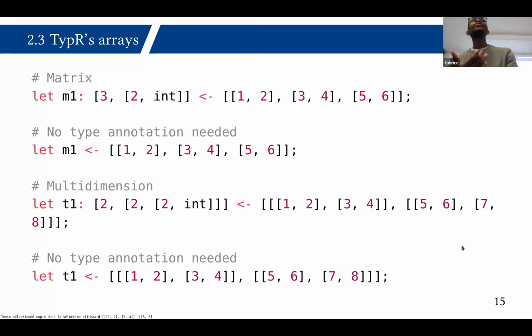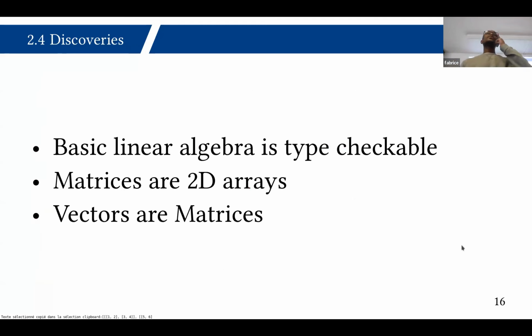It's possible, but I think we can use other combinations to do that. So that's what I like about R arrays and TypR arrays, because they act like tensors, like TensorFlow, PyTorch, and everything like that. So I have made some discoveries about linear algebra we learned at school.